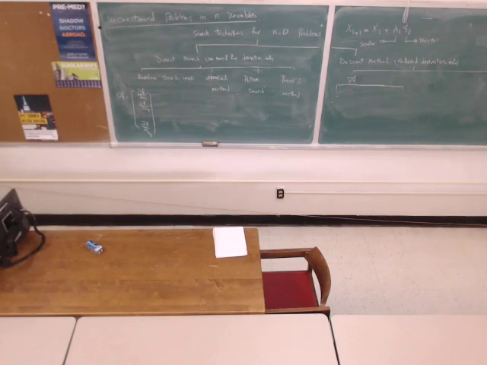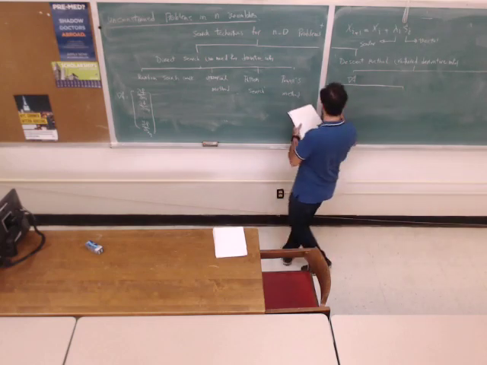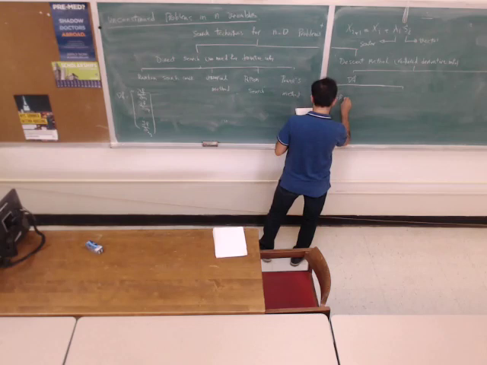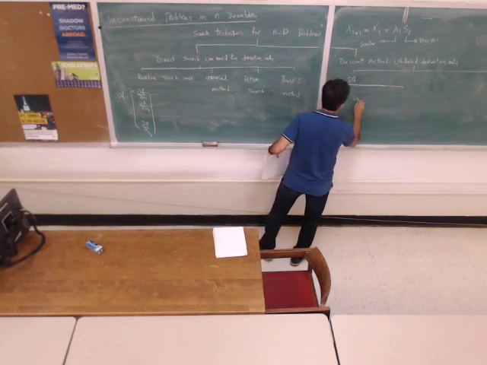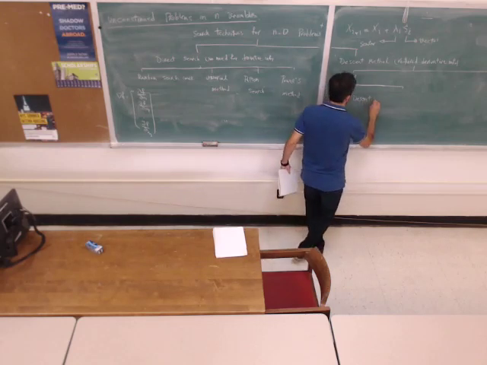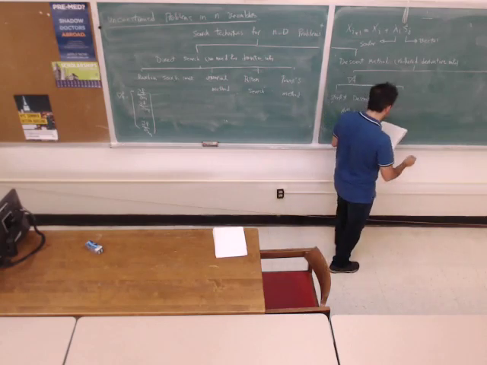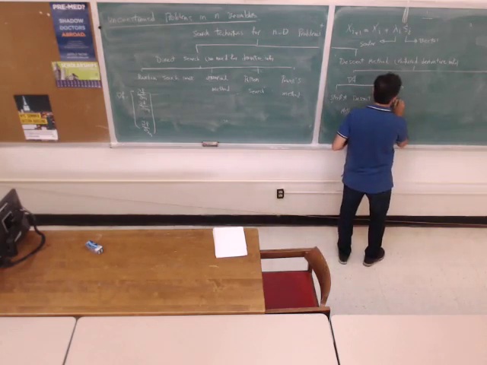I'm just recalling, this is the Hessian matrix, n by n. The first method that we are going to cover is the steepest descent method. The second one is conjugate gradient.